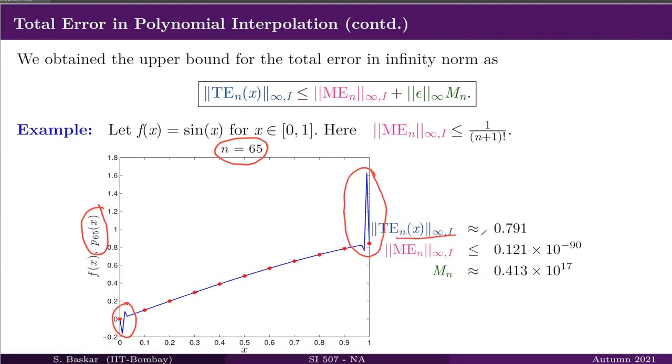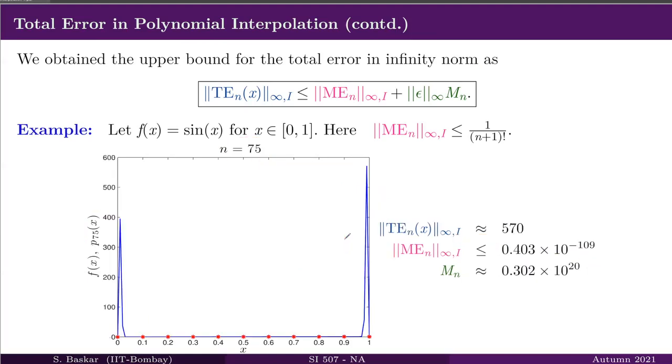And you see the total error is now significantly large, while the mathematical error is still very nicely decreasing, and it is at a magnitude of 10 to the power of minus 90. It means mathematically you are almost converging. However, your computer is showing up something very bad. That shows that this error is purely because of the floating point approximation. Remember, I am computing this on a very powerful latest machine, 64-bit processor, and double precision I am computing.